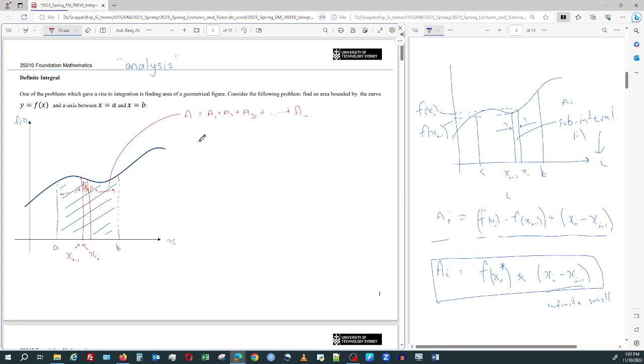Okay? So the formal limit of this, the formal idea of this, is that the area is equal to the sum from i equals 1 to n for all such areas.